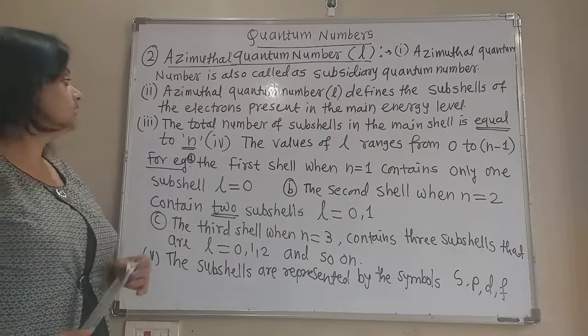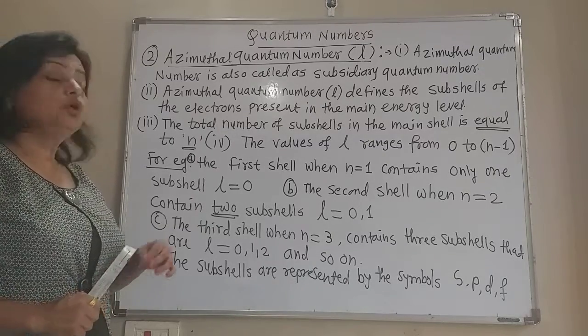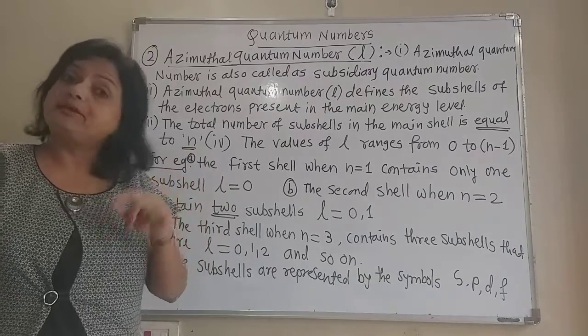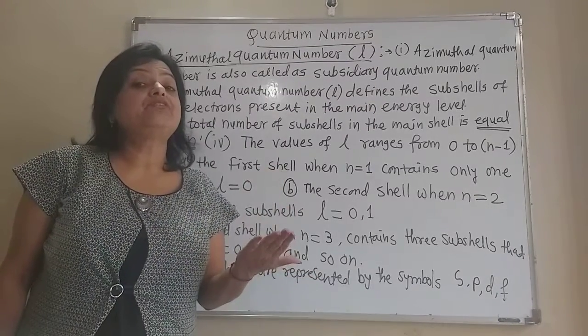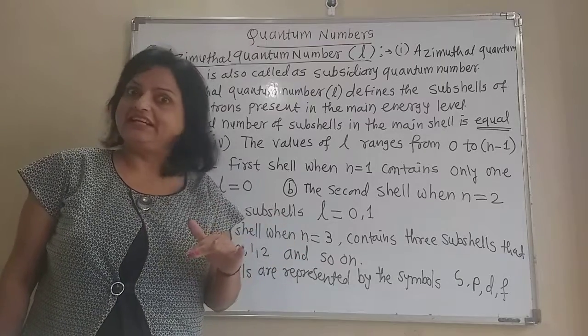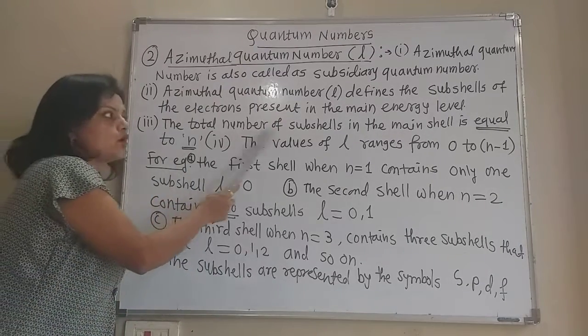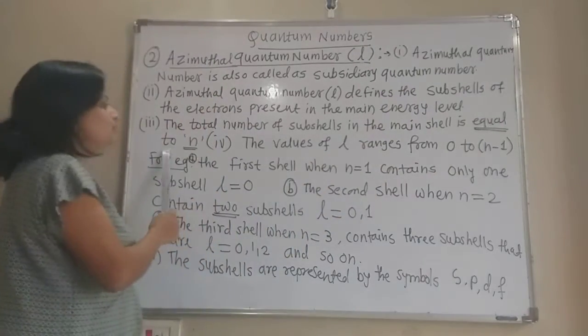Again, what is given by this azimuthal quantum number? Now the total number of subshells present in a main energy level is exactly equal to the number of that main energy level, that is n. The total number of subshells in the main shell is equal to n.